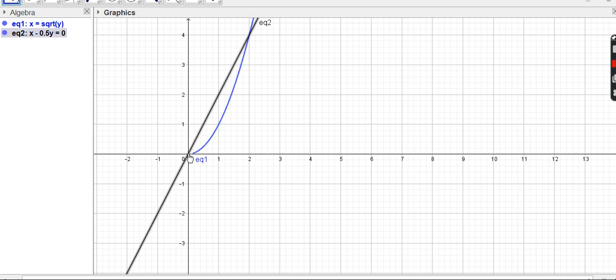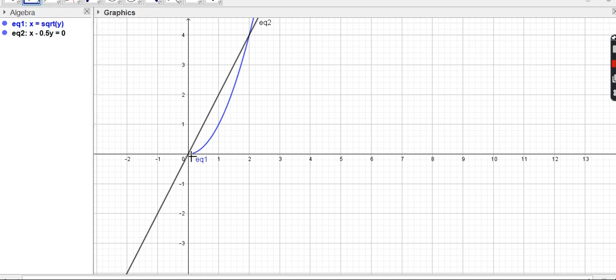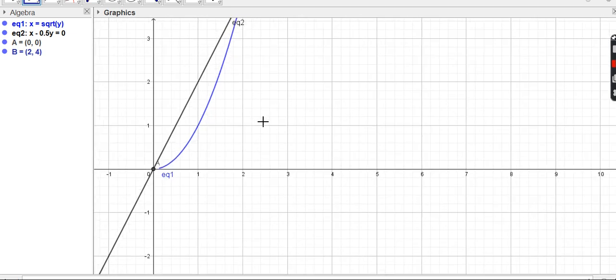So we have the point of intersection here at 0, 0, and the point of intersection is at 2, 4. Okay, so that's the graph of the function.